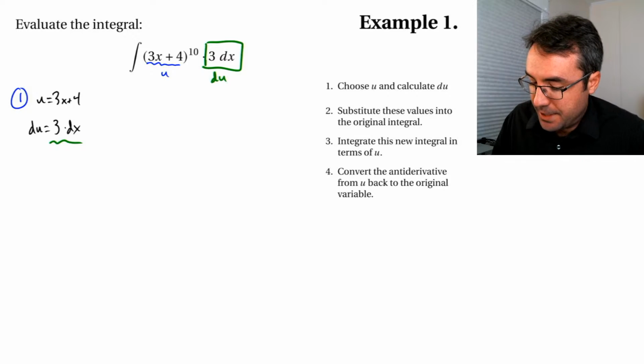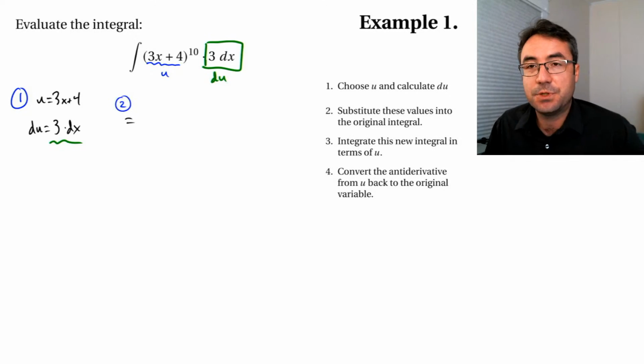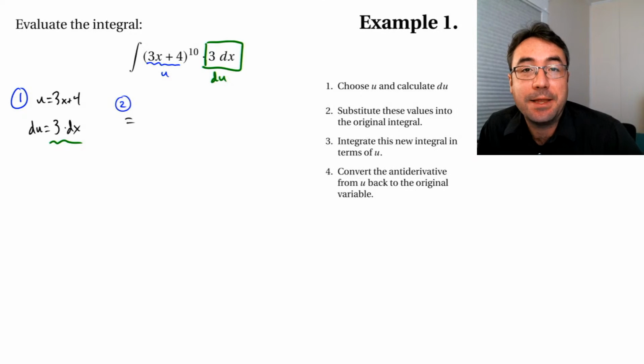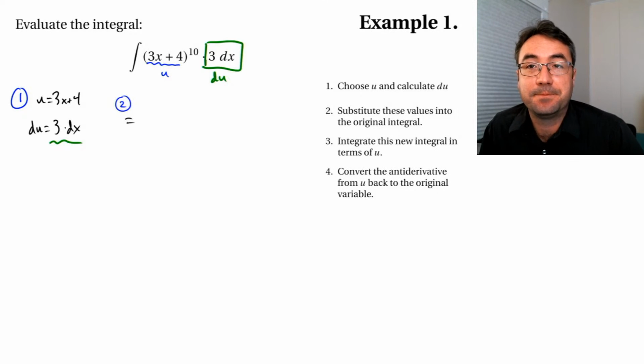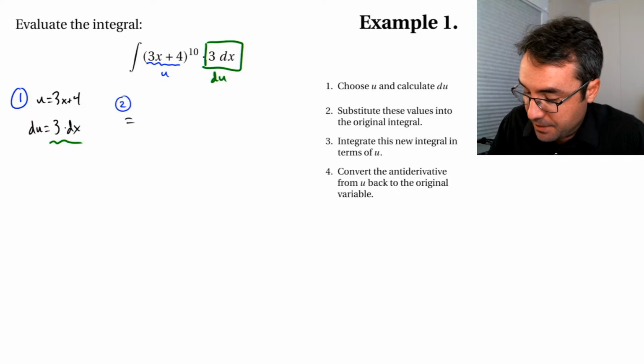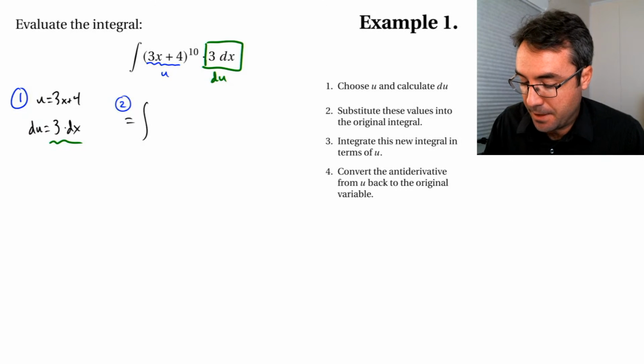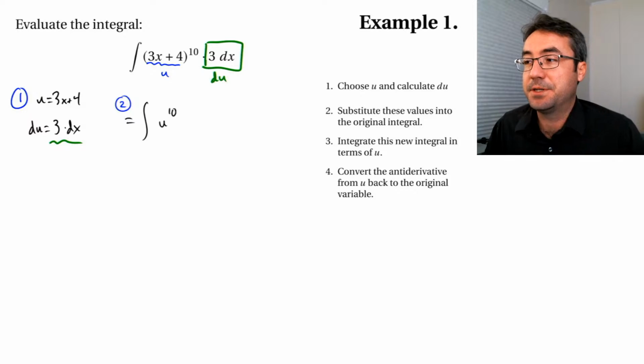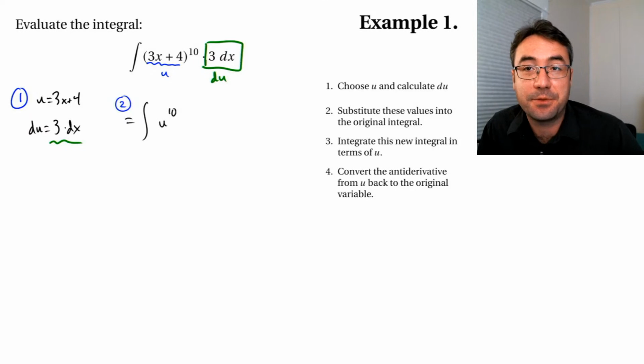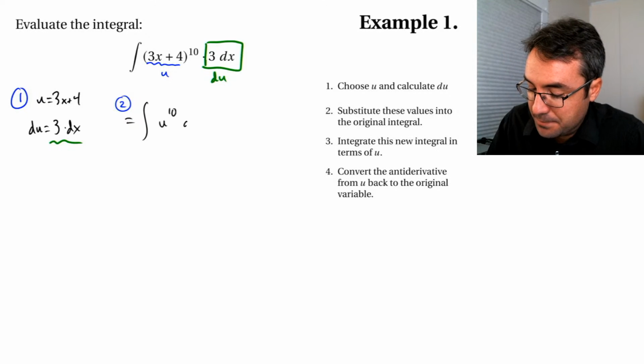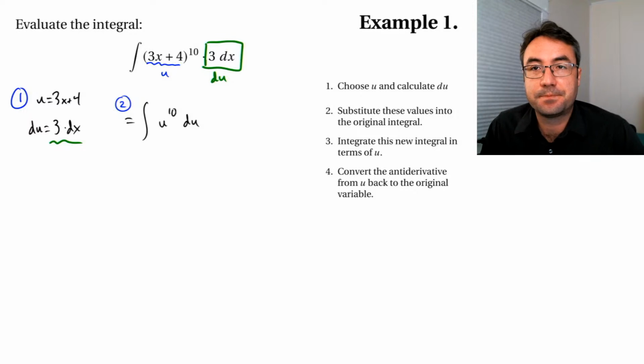So step 2 is to take our u and du and substitute them in. We have the integral of u to the power 10 instead of (3x + 4)^10, and the 3dx at the end becomes du.